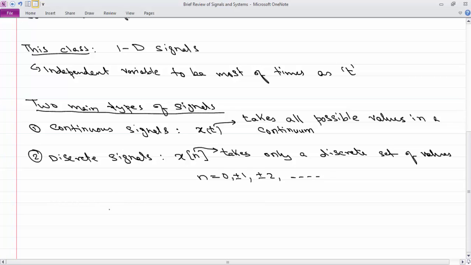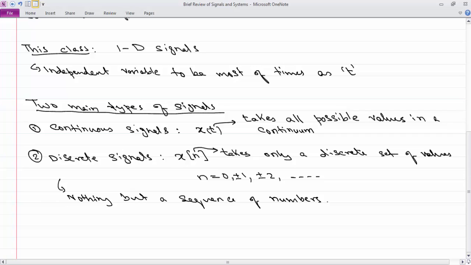And what that means is that a discrete signal is nothing but a sequence of numbers. You collect a bunch of numbers together, and that becomes a discrete signal.